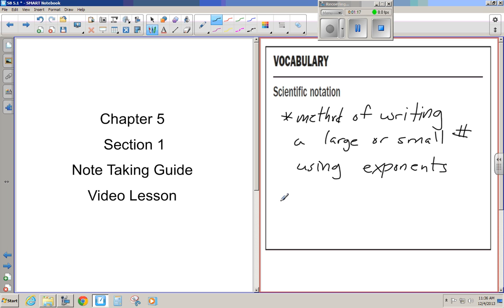So that means you could take this number here and rewrite it as 9.022 times 10 to the... right. So it's a way of writing a very large number as a small number, or the other way around, a very small number into a nice number.